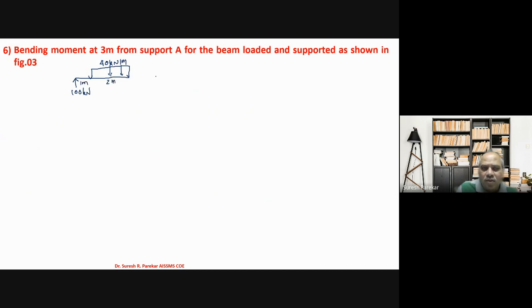So bending moment we will get that is equal to 100 into 3 minus 40 into 2 into 1. So we have this as 300 minus 80, and then we will get it as 220 kilonewton meters. So bending moment at 3 meter from left support A, we have that is 220 kilonewton meter.